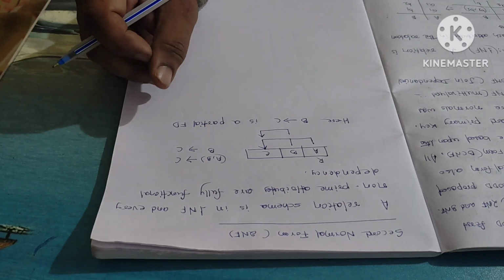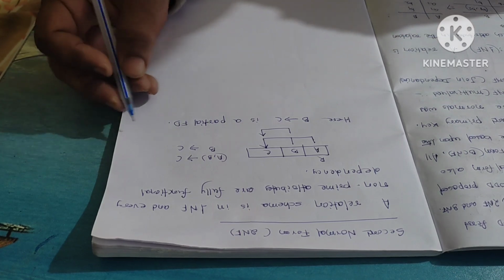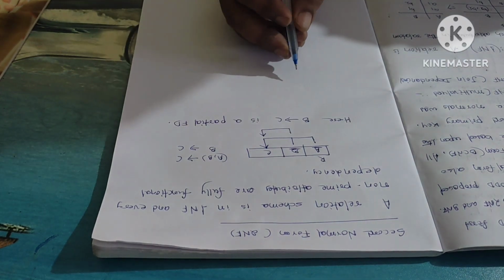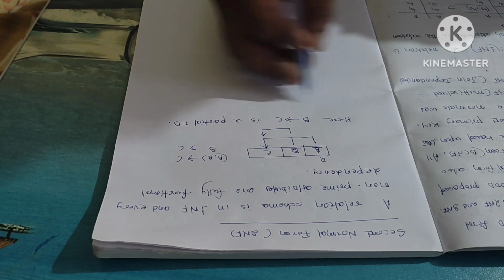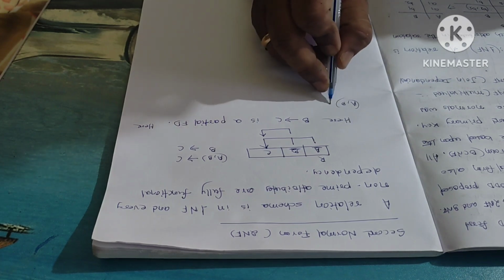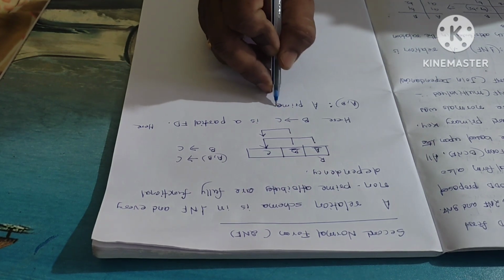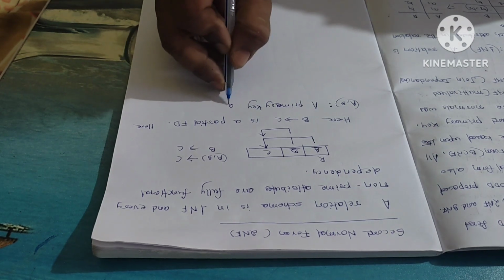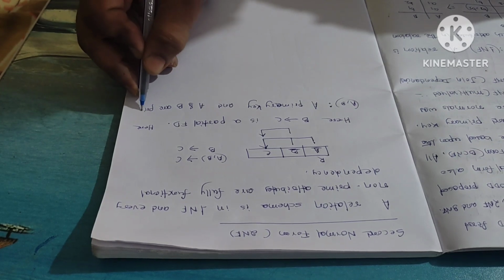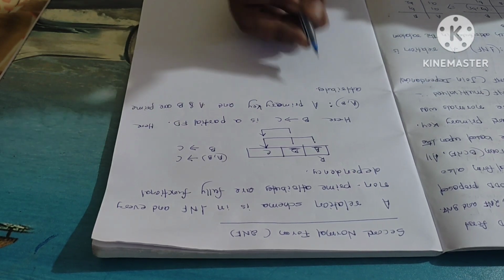Here AB, you should give an underline, as they combinedly form a primary key, and A and B are prime attributes.